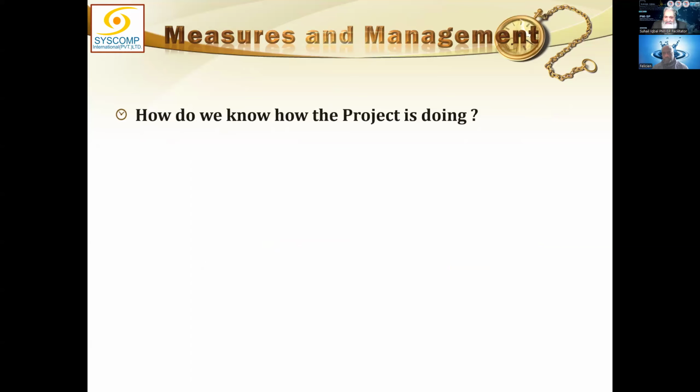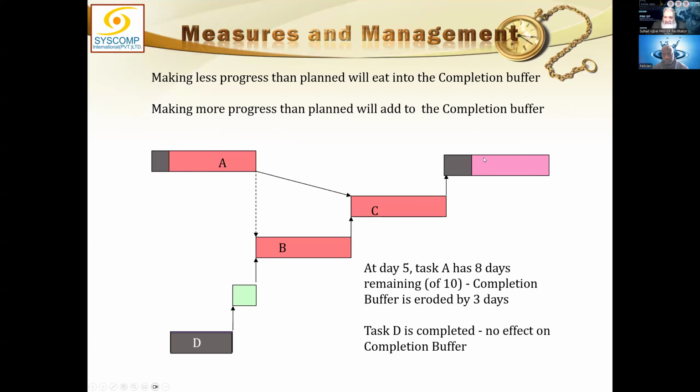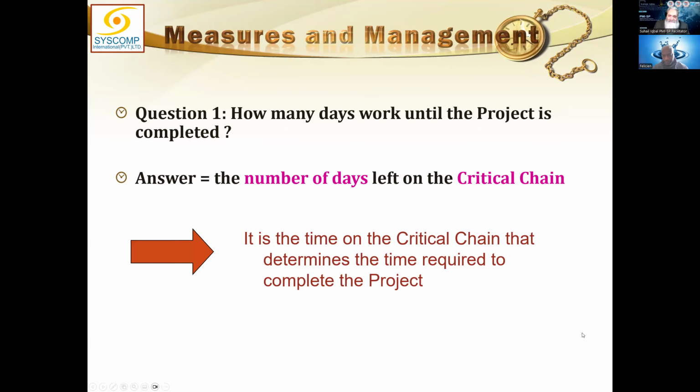Like in this example, this was the total buffer, and this was consumed. So this is my remaining buffer. If I have got B and C remaining, I will add B plus C plus the remaining buffer. This is the remaining project time.